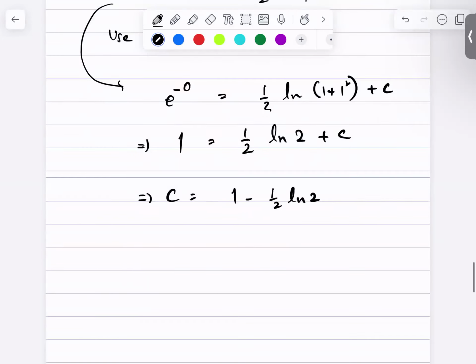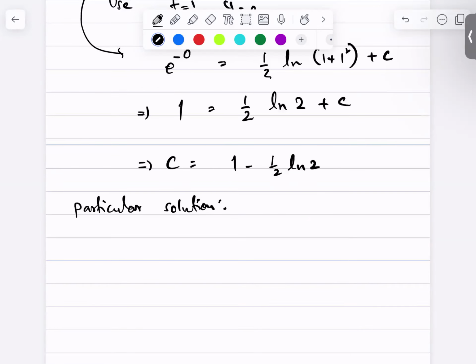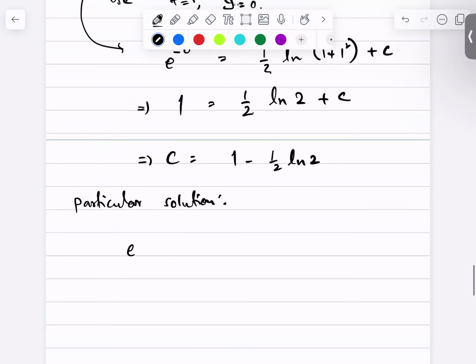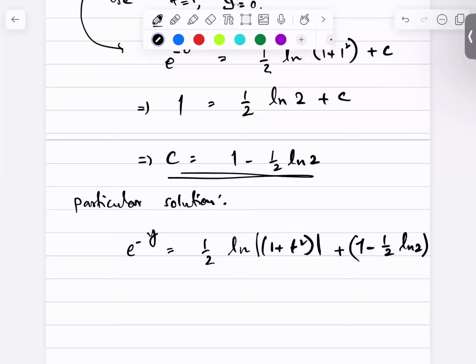So therefore, my particular solution with respect to the constraint will be e to the minus y equals half ln(1 plus t squared), and c will be replaced by 1 minus half ln 2, as I got c to be this.